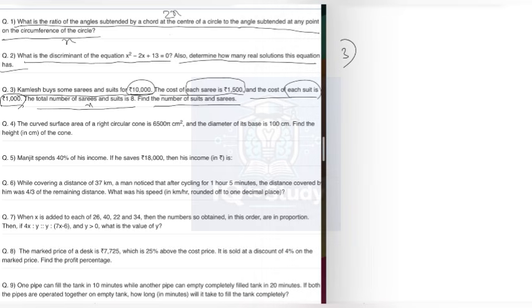Let us consider sarees as x and suits as y. So x plus y is equal to 8, and if we consider the amount, then 1500x plus 1000y is 10,000.